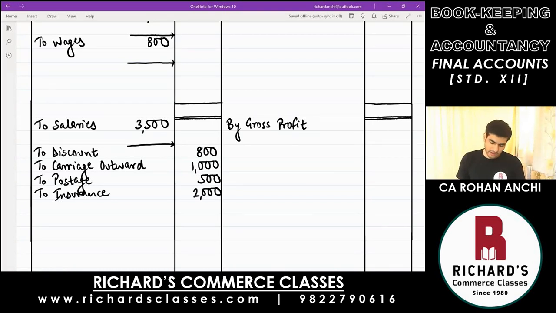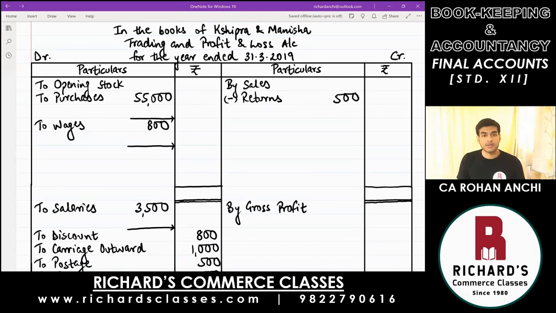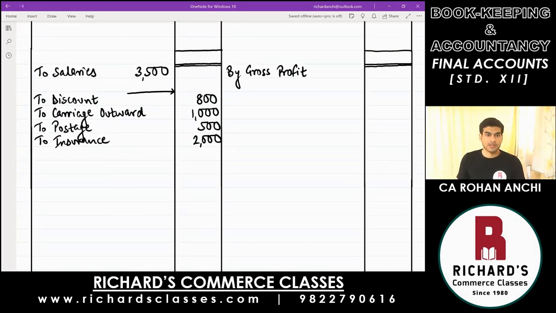Opening stock, the first item on the debit side of trading account. Write down opening stock 17,800. Then the next 3 items, all in profit and loss account. Trade expenses, $1,500. Next is warehouse rent.